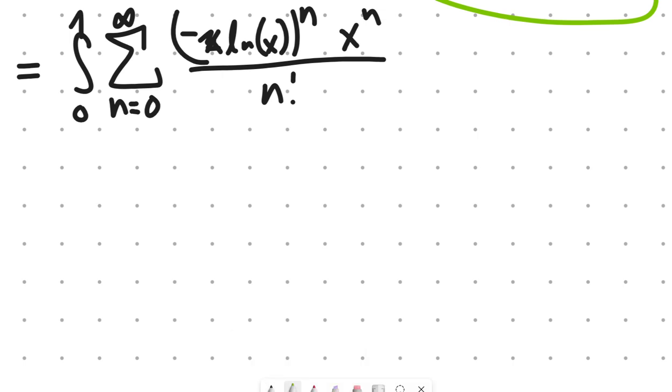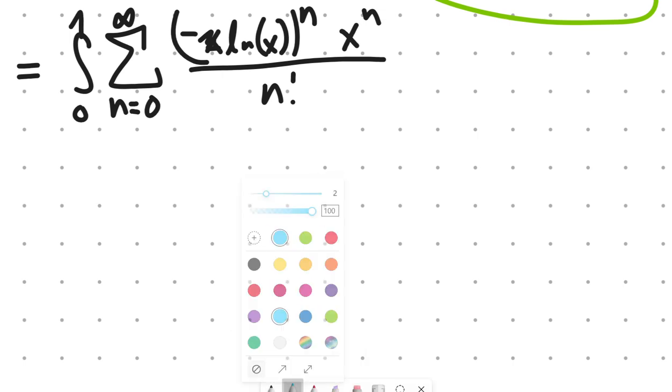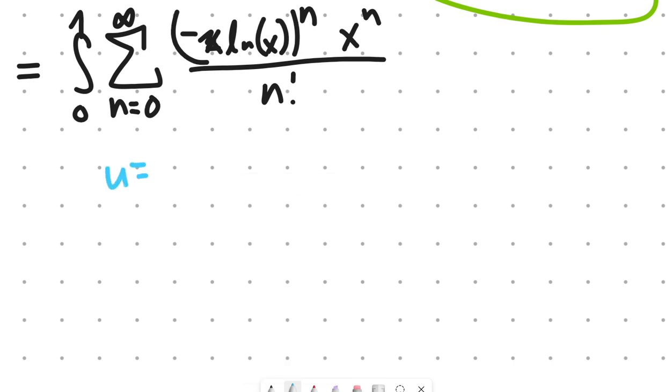The substitution is going to be like this. We are going to let u equal negative ln x. The reason I'm going to do this is it will allow me to use the e function again in the infinite summation. And since the infinite sum converges to the e function, every e function that has a negative exponent will go down rapidly.